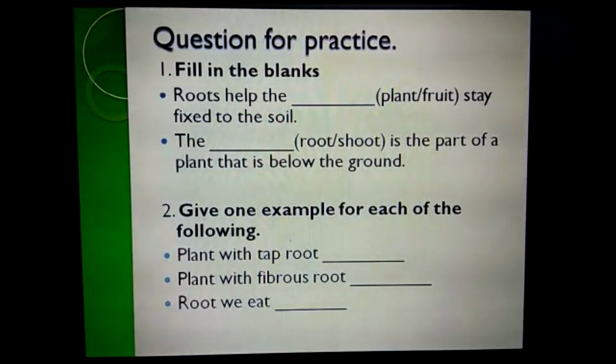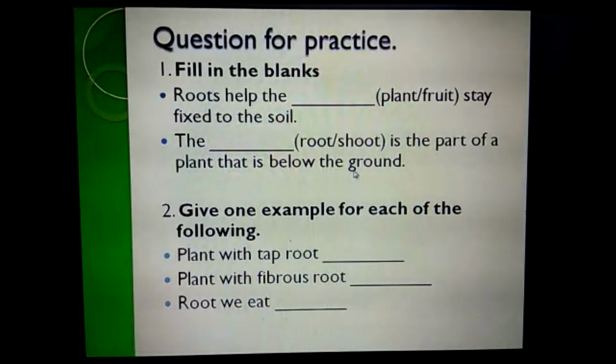Now, students, these are some questions for you to practice. Question 1, fill in the blanks. Roots help us dash, stay fixed to the soil. We have two options. You can choose the option. When you go through the content that I have taught you, you can easily get the answer of these questions. Second one, the dash is a part of a plant that is below the ground.